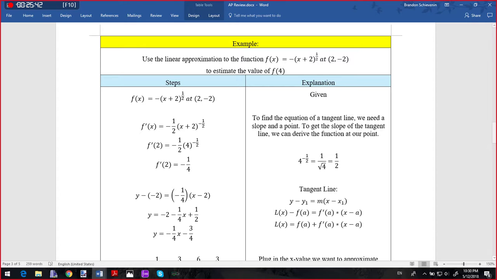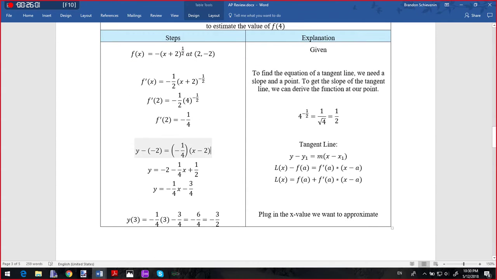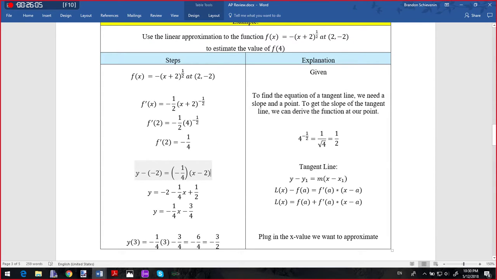No. Okay, so now I've got a point and a slope. If I wanted to make an equation of a line of it, I could use point-slope form here. So that's y minus negative 2 is equal to my slope times x minus 2. Now that I've got an equation of a line, I could just plug in the x value I want. I want to figure out what the approximation would be at... all right, I'm going to change the question to match my work.